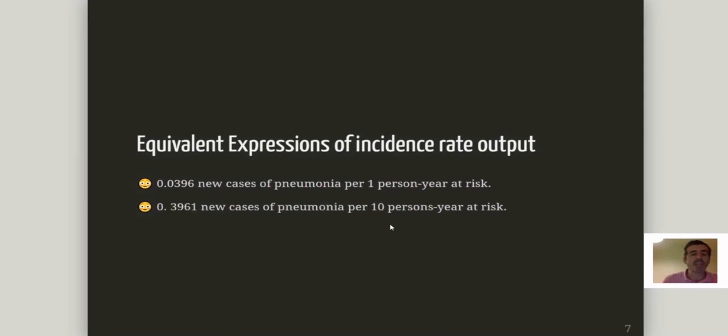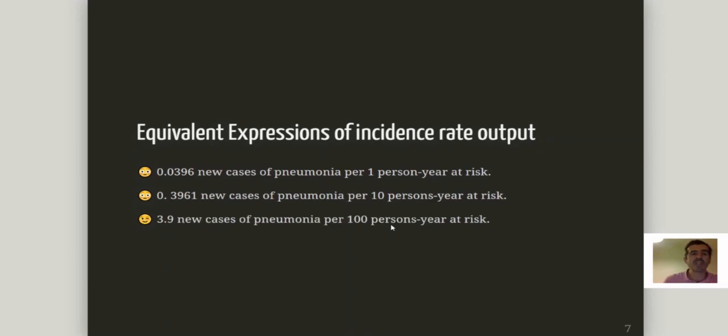So we can multiply this by 10, and then we will have 0.39 and so on, which is still a bit awkward to communicate to some people.